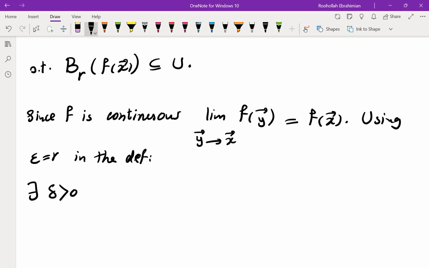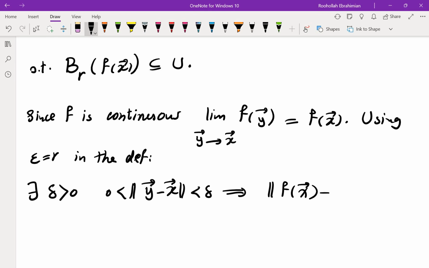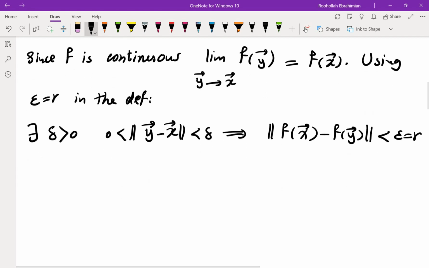So there is some positive delta such that if the distance between y and x is less than delta and more than 0, then the distance between f of y and f of x is less than epsilon, which is r. Now, what does that mean?